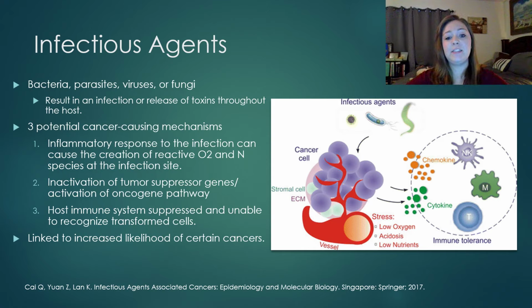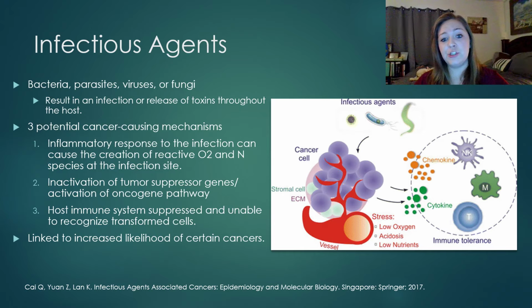The second potential cancer provoking mechanism is through the inactivation of tumor suppressor genes or the activation of the oncogene pathway. These both would be the result of the incorporation of the infectious agent into the genetic information of the cell.